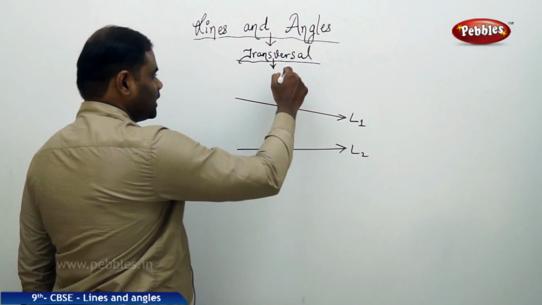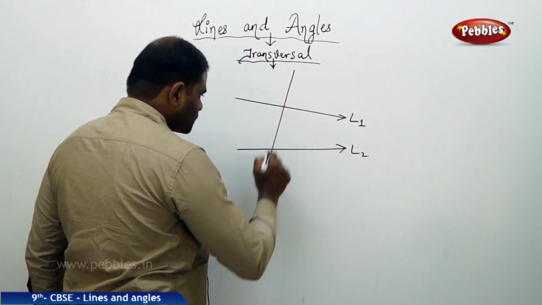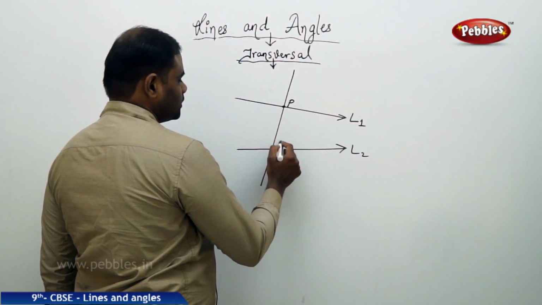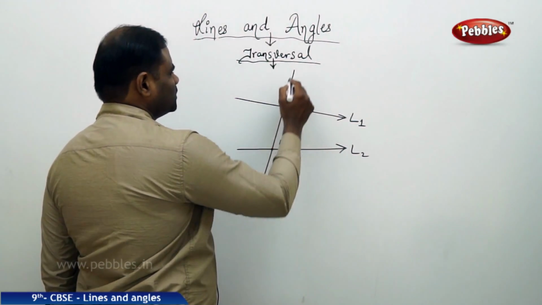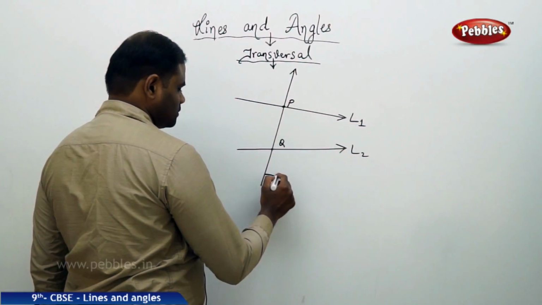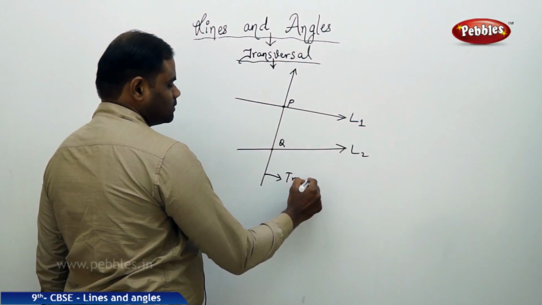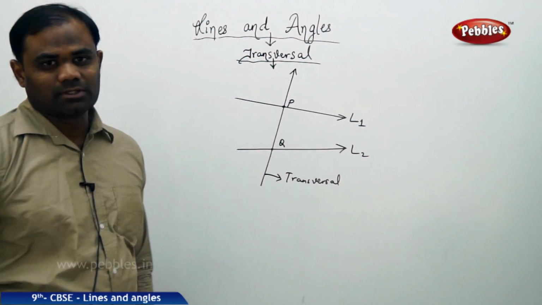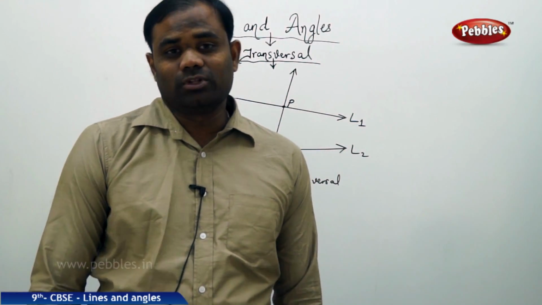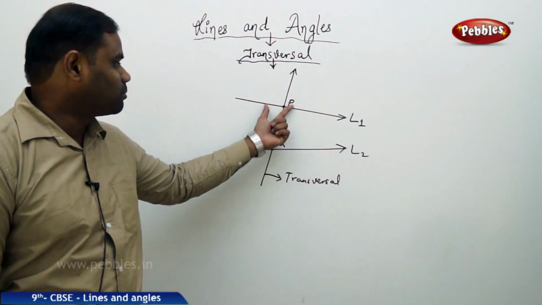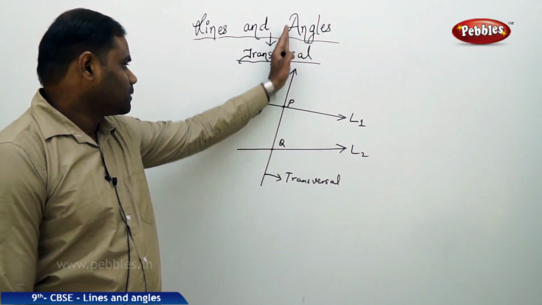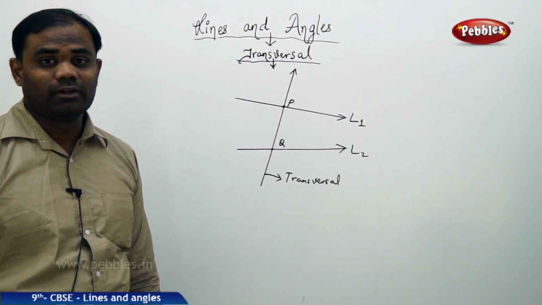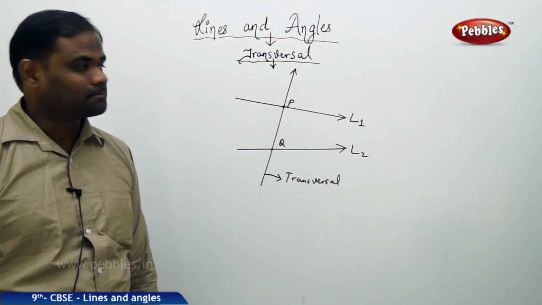Say, for example, I take a line which cuts the line L1 at P and the line L2 at Q, then this line is called the transversal. Transversal is a line which cuts two or more than two lines at two distinct points P and Q. This is the transversal for these two lines. This is how we understand the transversal.